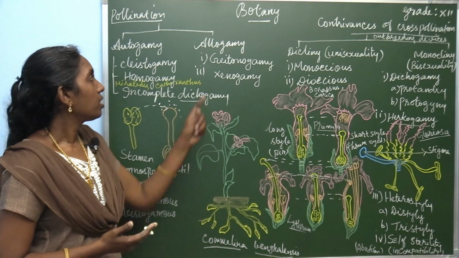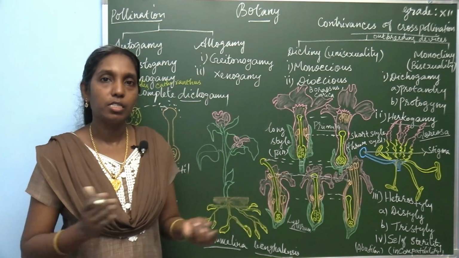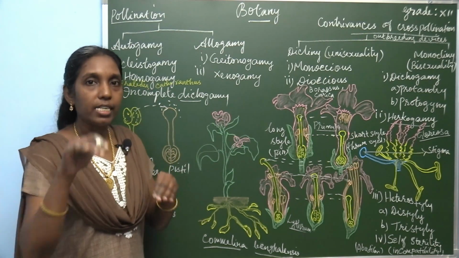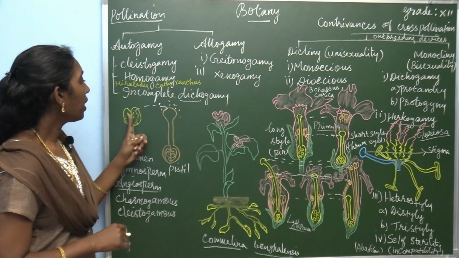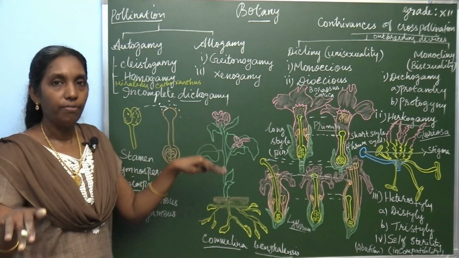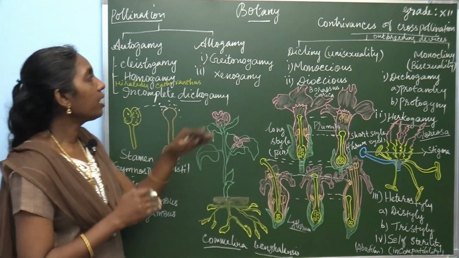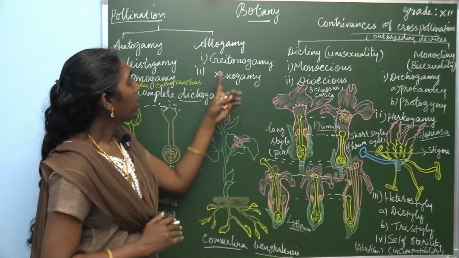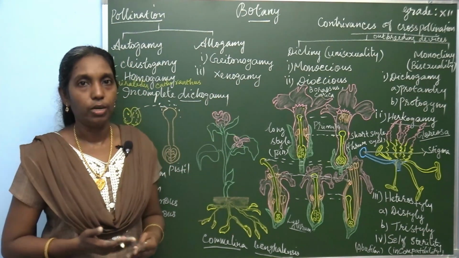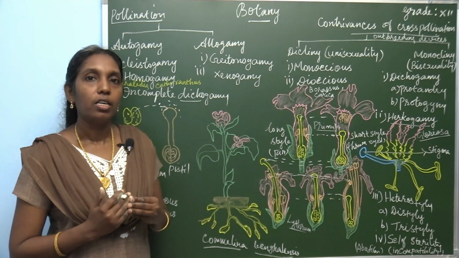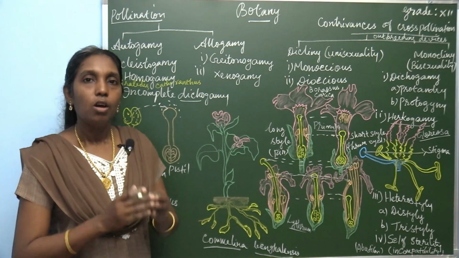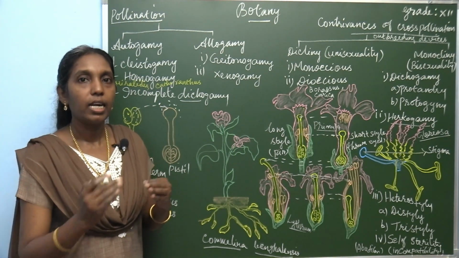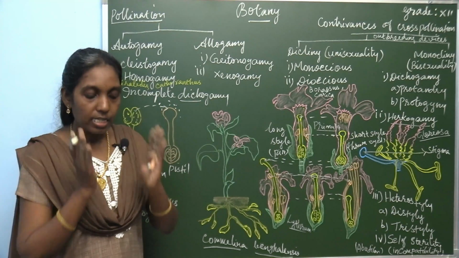Another type of pollination is allogamy. Allogamy is the process of cross-pollination, the dusting of pollen grains from the anther to the stigma of a different flower. It is again classified into two different types, geitonogamy and xenogamy. Geitonogamy involves unisexual flowers, male and female flowers, present in the same plant.